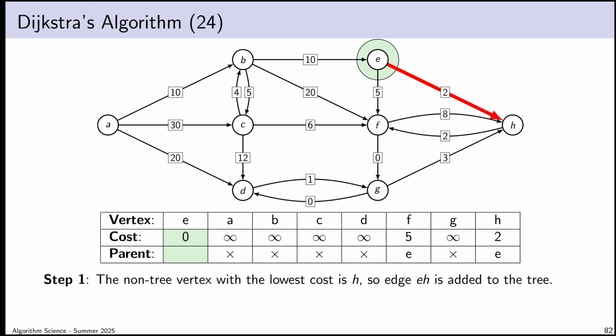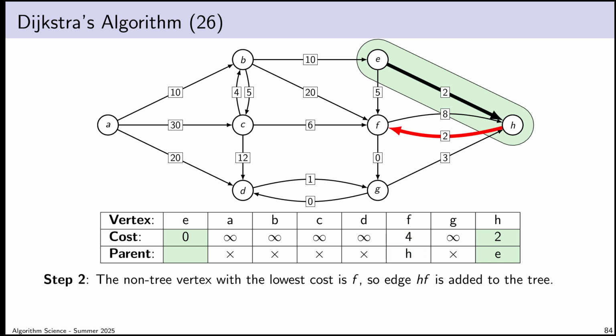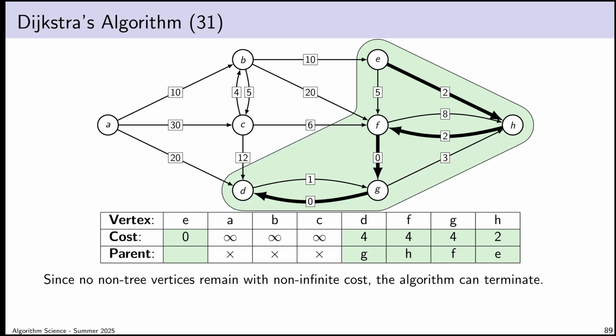So the non-tree vertex with lowest cost is vertex H, so I bring vertex H in and relax its neighbors. And then I bring in vertex F, and then I bring in vertex G, and then I bring in vertex D. Hold on. And then actually I'm done. Even I went too far there. Even I lost track that the algorithm actually has to stop at this point. After I brought in vertex D, the only neighbor vertex D has is G, which is already in the tree.